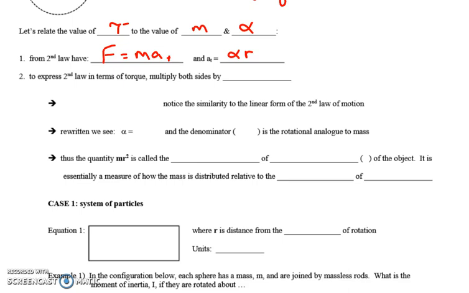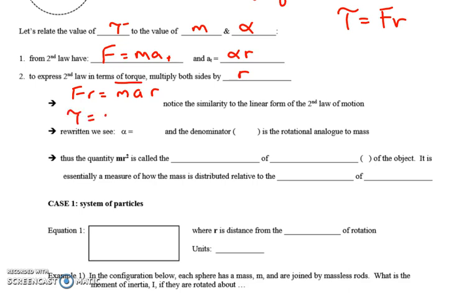If we want to express the second law in terms of torque, then the difference between F and torque, if you recall, torque is equal to F times r. So I would take both sides of this equation and multiply by the radius. So let's do that. We have F times r equals m times a times r. Now let's do our substitutions. F times r we know is torque.